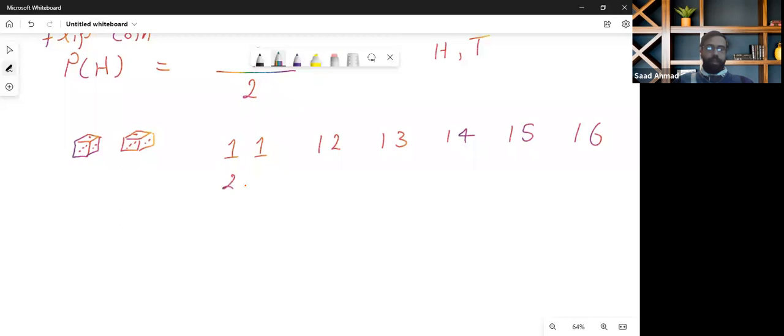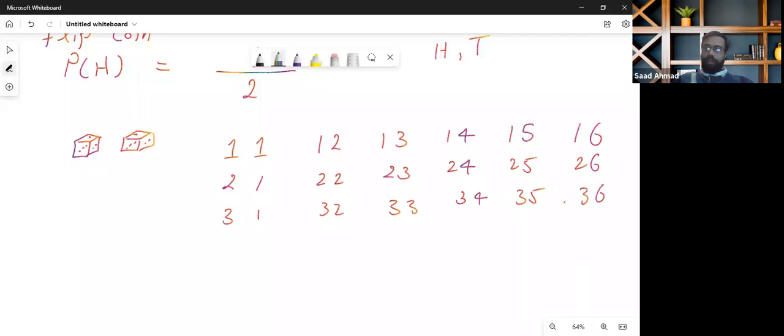Then the second row: 2 1, 2 2, 2 3, 2 4, 2 5, 2 6, then 3 1, 3 2, 3 3, 3 4, 3 5, 3 6.